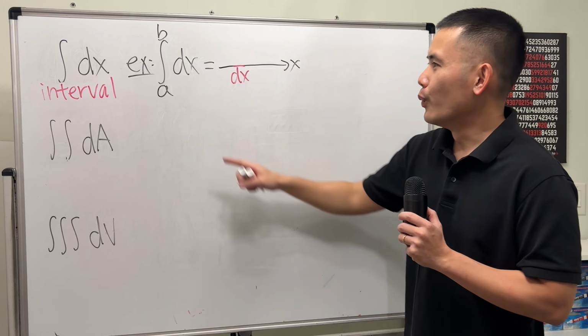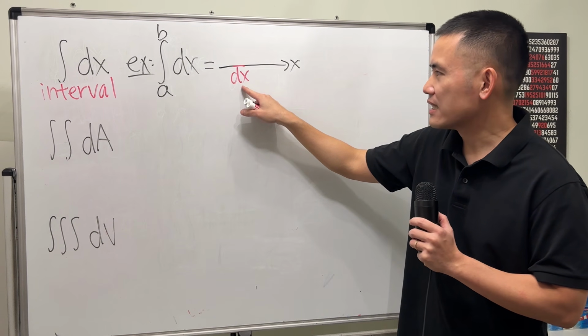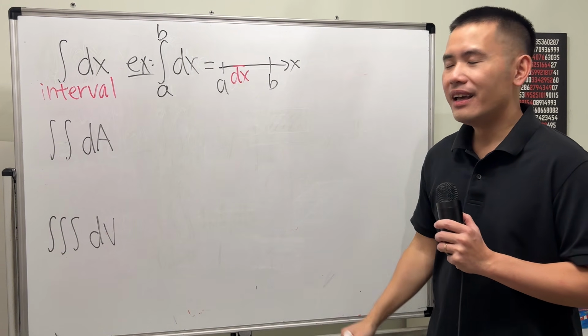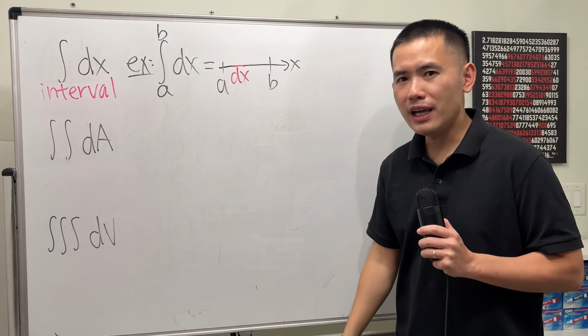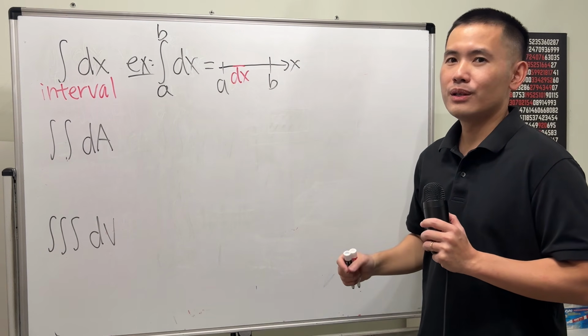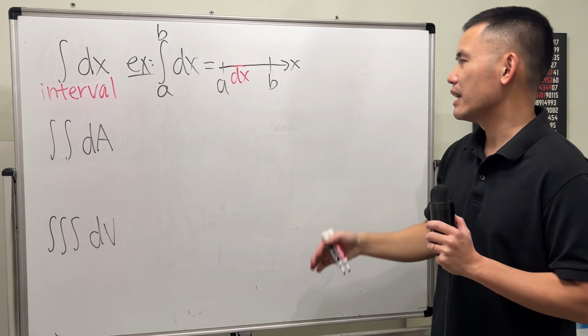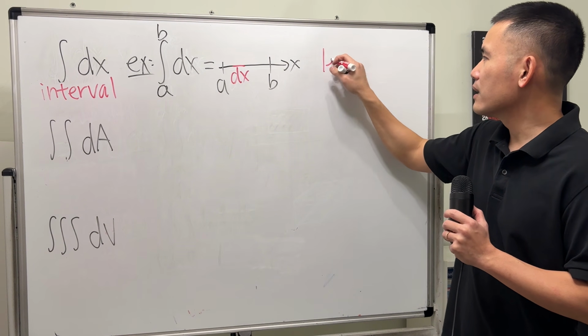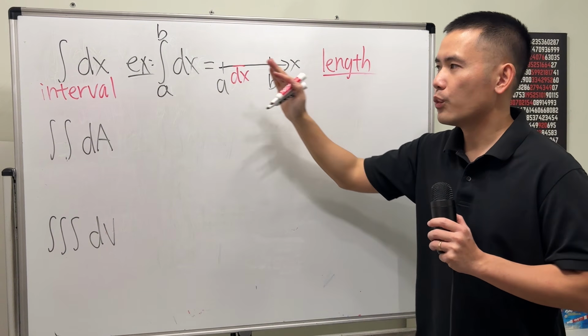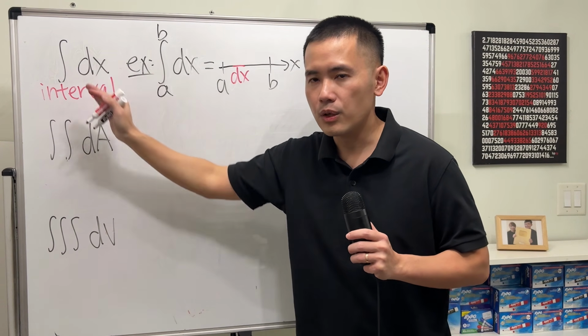What we are doing is adding up all these dx's from a to b. And after we have done that, what are we going to get? It's just going to give us the length from a to b. The answer for that is just b minus a, but the key is once we have computed this single integral, we are going to get a length.